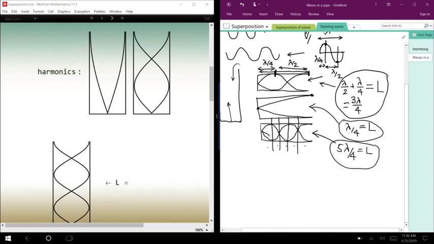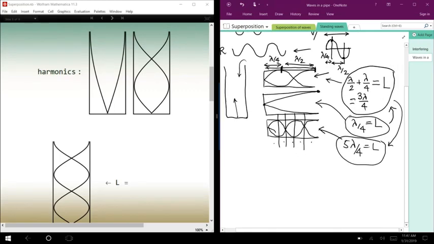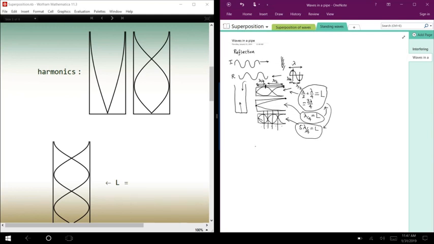Now notice a pattern. There's 3 lambda over 4 here, but we could have started with lambda over 4. So there's lambda over 4, then 3 lambda over 4, then 5 lambda over 4. So you can imagine that if we keep going with this pattern, we will end up with a situation where L is equal to some odd multiple, 2n minus 1 times lambda over 4, where n can take any positive integer value.